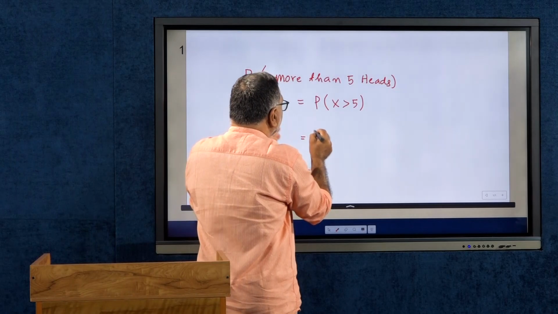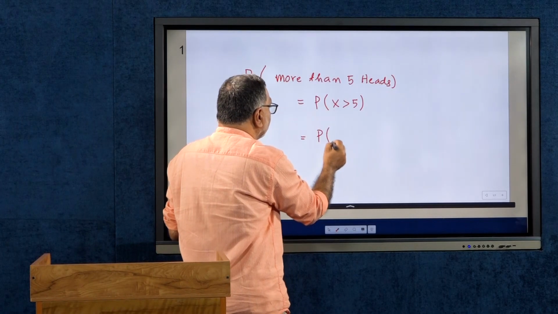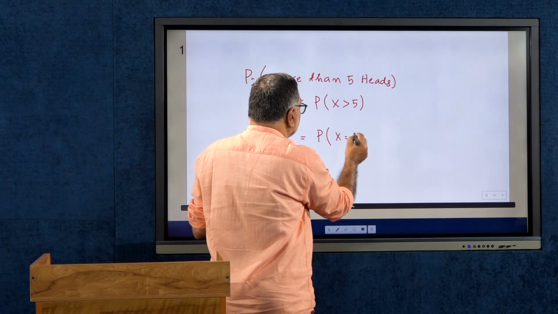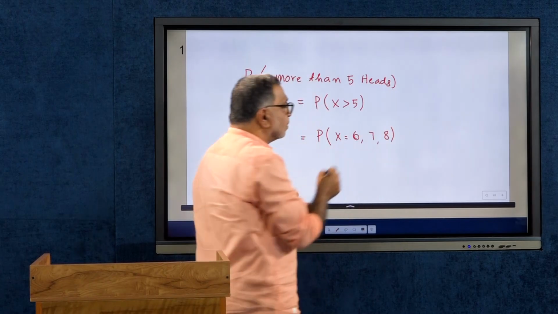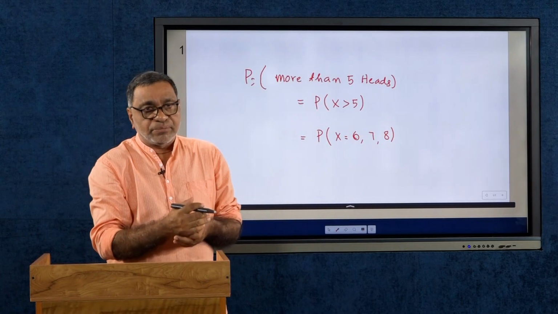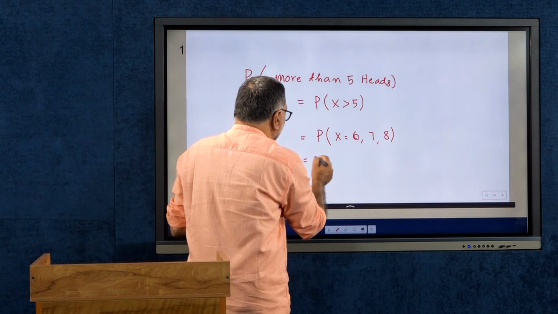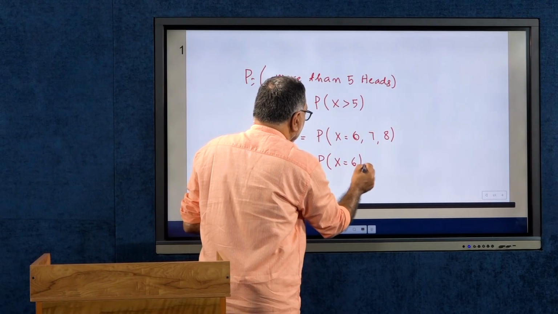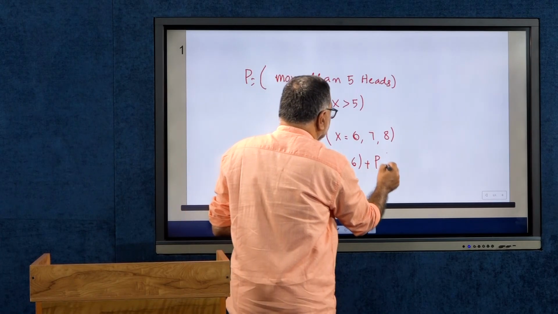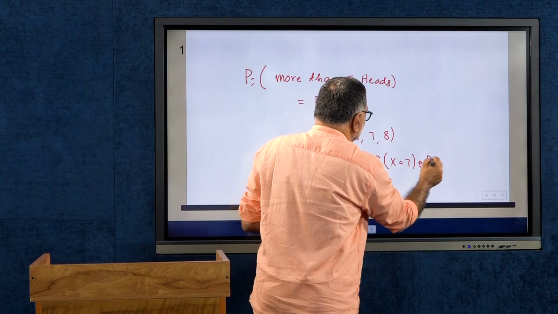What is the meaning of probability of X greater than 5? That is probability of either X equal to 6 or 7 or 8. We are tossing the coin 8 times, so maximum is 8. And this is equal to probability of X equal to 6 plus probability of X equal to 7 plus probability of X equal to 8.